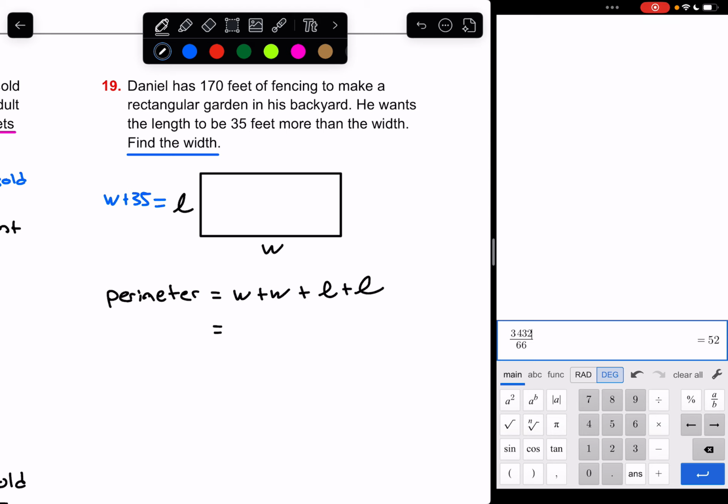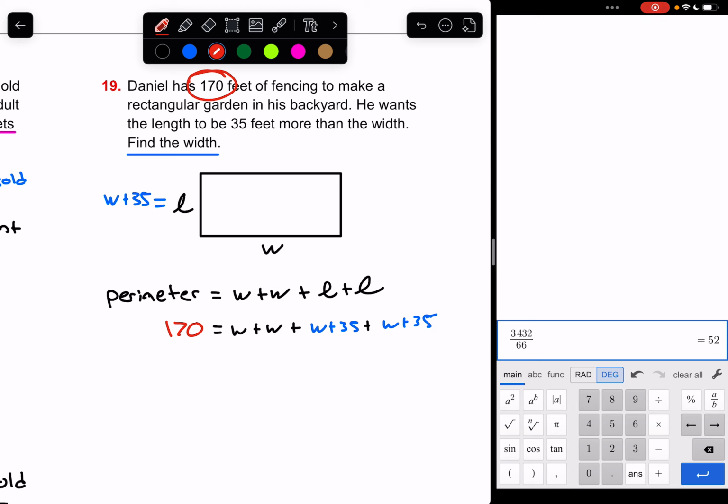So I am going to have W plus W plus, and then instead of L, I'm going to have W plus 35, and then another W plus 35. Those two W plus 35s are the two lengths, and our perimeter needs to be 170 feet, because that's how much fencing we have.